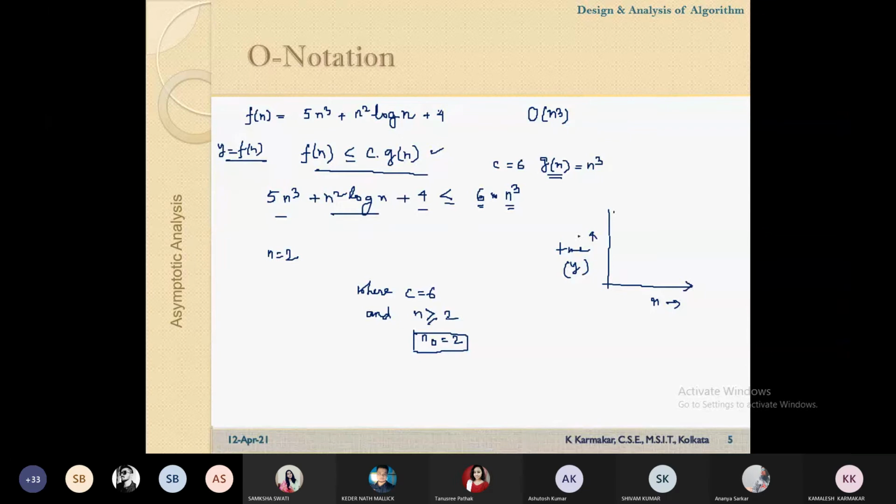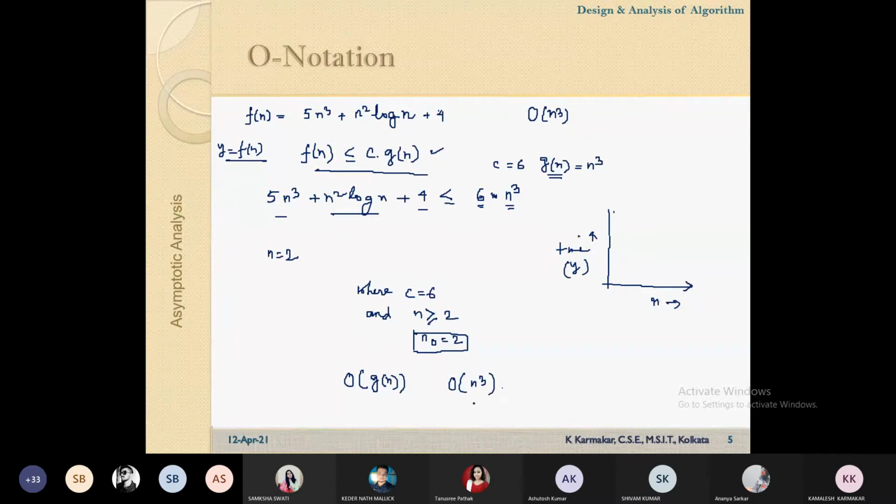So if this inequality is being satisfied for this combination of values, then the complexity of this function f(n) is big O of g(n). What have we considered as g(n)? In our assumption, the value of g(n) is n cube. So just replace g(n) by its value.